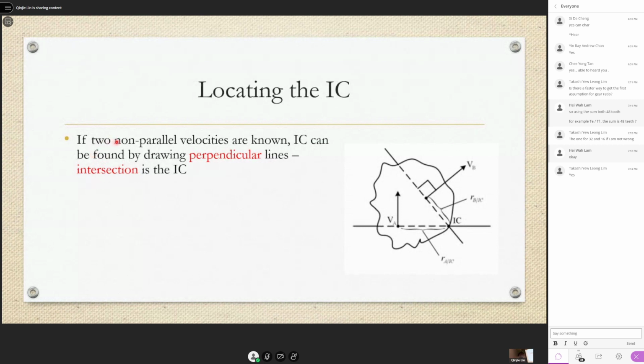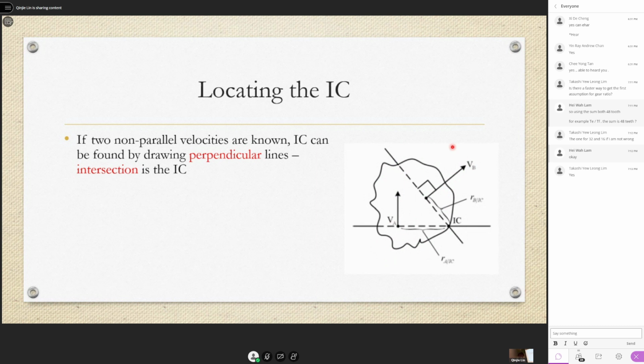Next, if two non-parallel velocities are known, IC can be found by drawing perpendicular lines, and then the intersection will be the IC. So in this illustration, this is the same object. You have point A going upwards, and then another point B, you know at that instant is going in this direction.